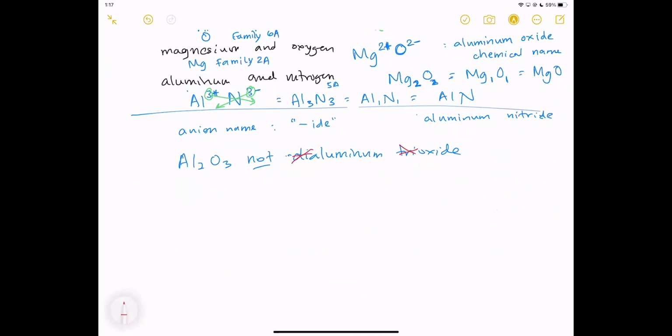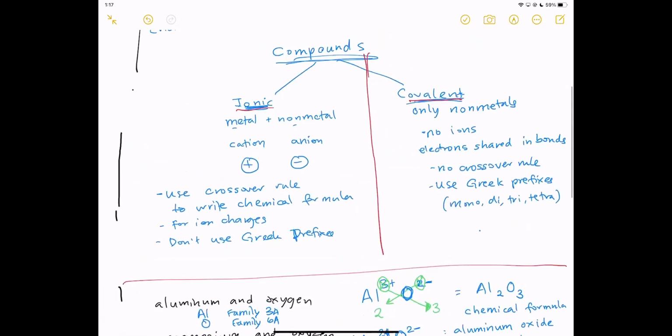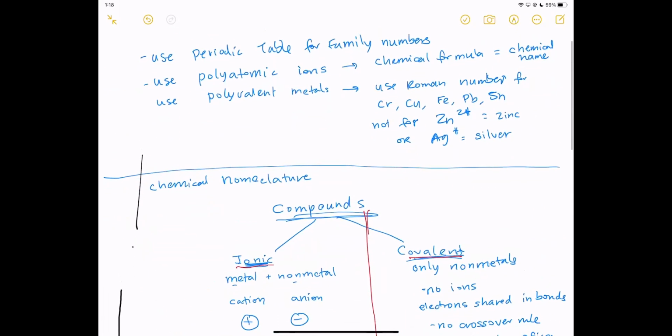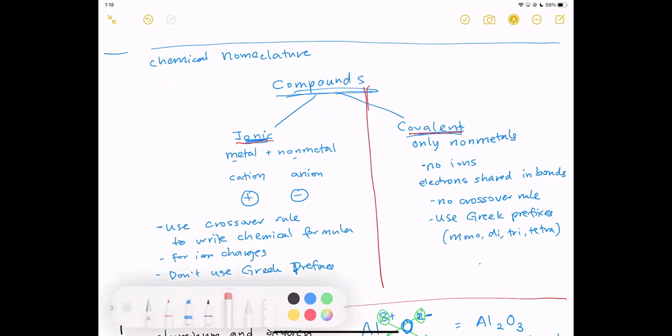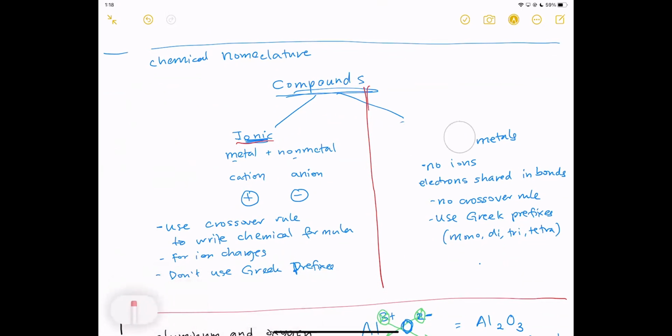Greek prefixes are only for covalent compounds. Ionic compounds and covalent compounds are completely different, and you want to make sure you keep all of that completely separate. So stop yourself. If you are writing a Greek prefix, make sure you're talking about a covalent compound.